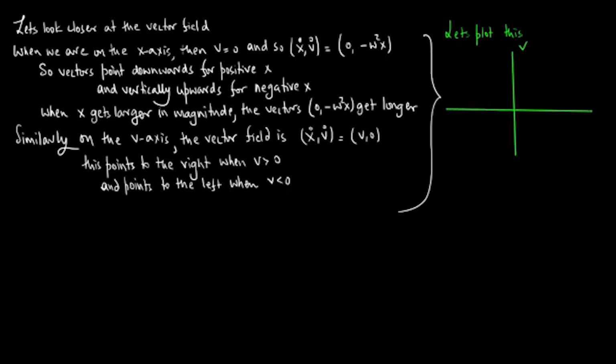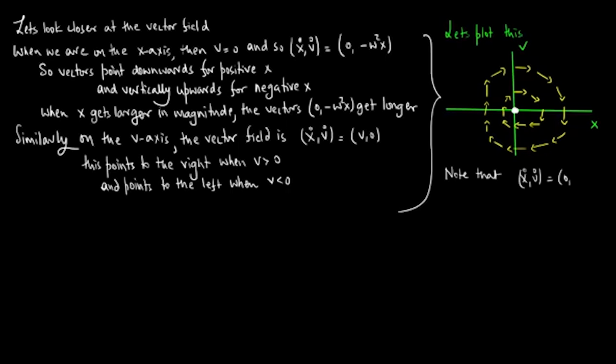So we have a plot of v versus x. Note that (x dot, v dot) is equal to (0, 0) when (x, v) is equal to (0, 0). And so the origin is a fixed point.